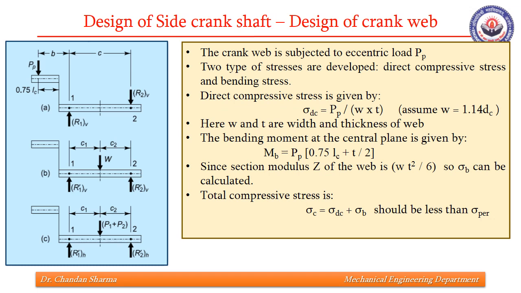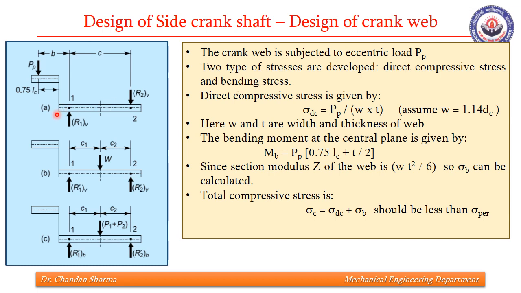Next, we need to find the dimensions of the crank web. In fact, we have already taken dimensions W and T from some empirical relation. Now we need to check the same. The crank web is subjected to eccentric load PP. Here it is the crank web and here it is load PP. Stresses will be developed: one is direct compressive and the other is bending stress.